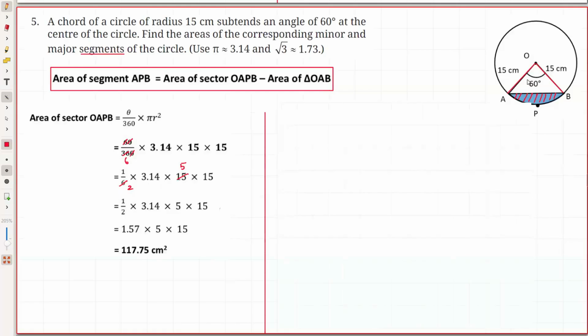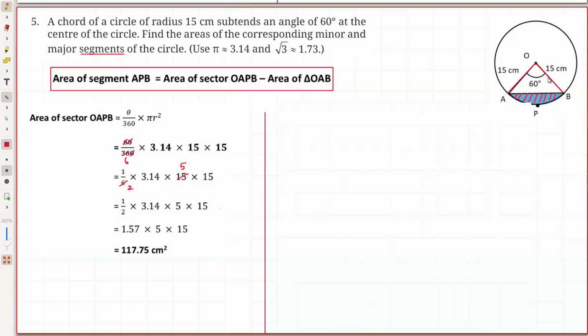Next, we have to find out the area of the triangle. In this chapter, for the area of the triangle you can always go with root 3 by 4 a square, as mostly it will come as an equilateral triangle. Now, this is 60 degrees, how can I say this is an equilateral triangle? This is 60 degrees, this is 15, 15.